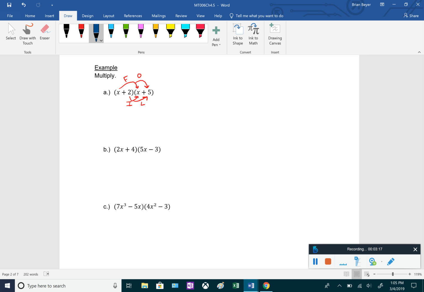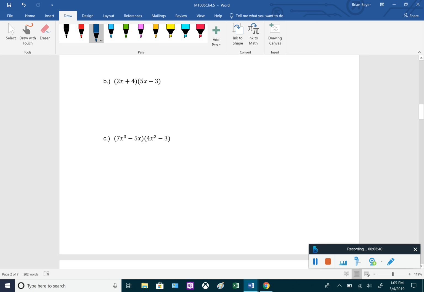So there's the FOIL. So x times x is x squared, x times 5 is plus 5x, and now distribute the 2. 2 times x is 2x, and then 2 times 5, so plus 10. So combine like terms, we have to combine those middle terms. We get x squared plus 7x plus 10.